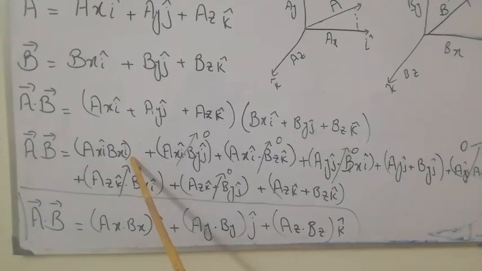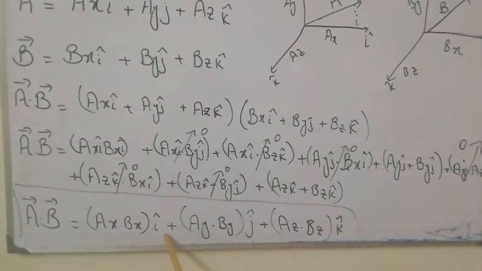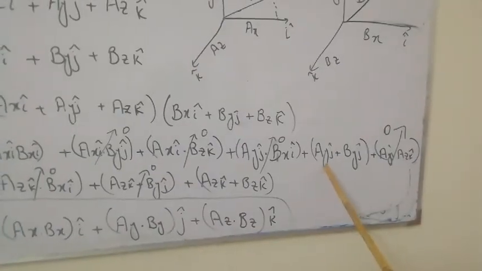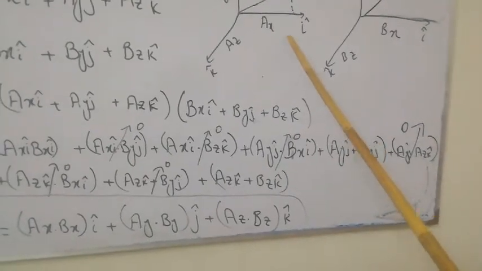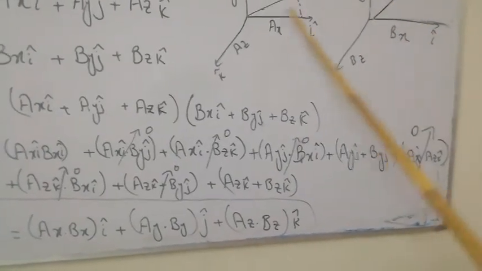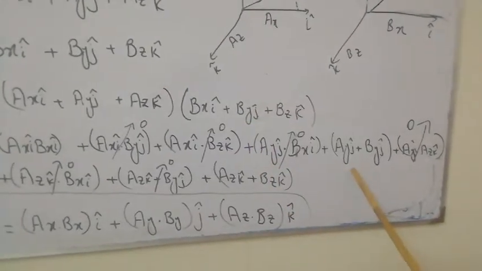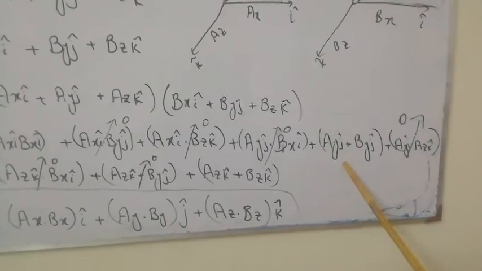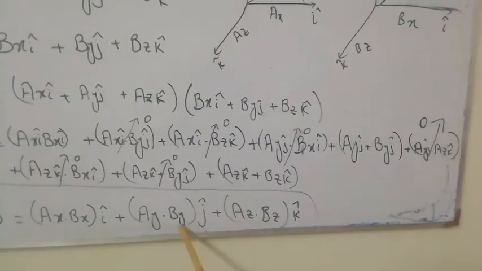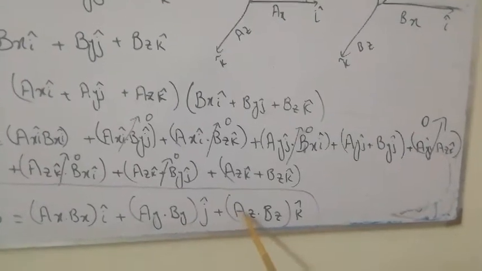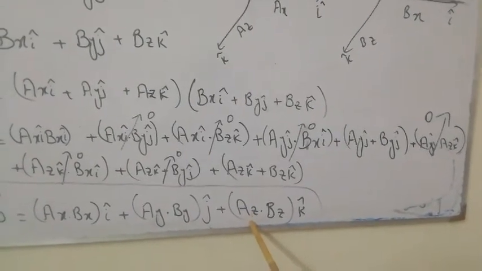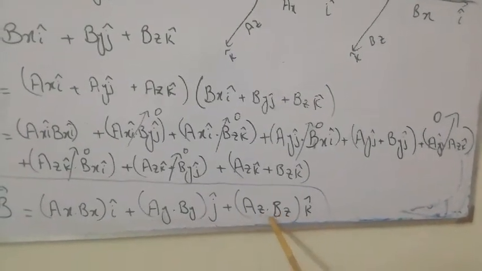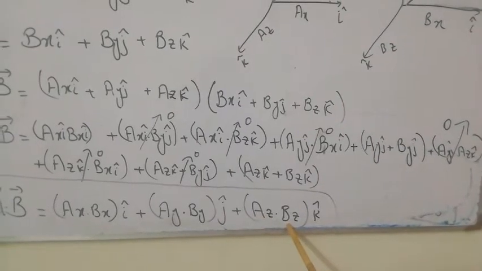The angle is 0 degree, so Ax dot Bx into unit vector I. Similarly, Ay and By are on the same axis, so the angle between them will be 0 degree and cos 0 is 1. So Ay dot By with unit vector J, and similar will be the case with the third, Az and Bz. When multiplied, the result will be the maximum value, because cos 0 is equal to 1.